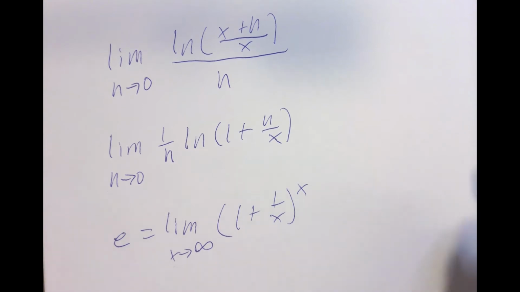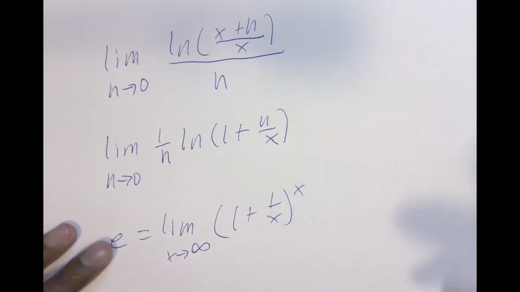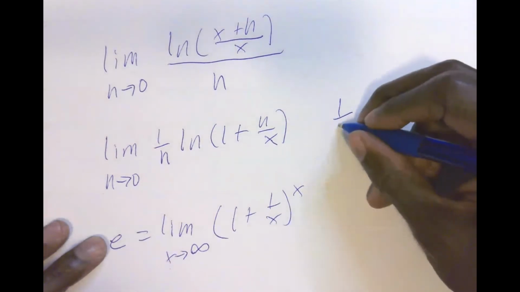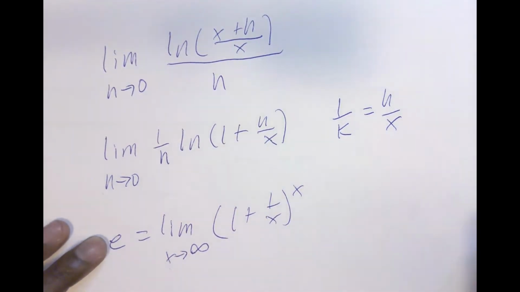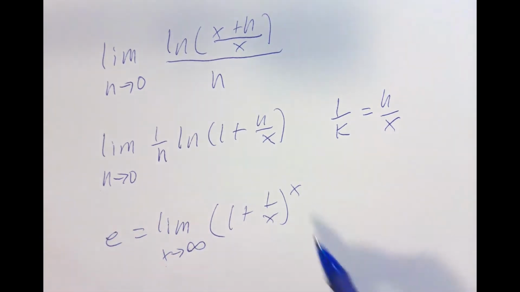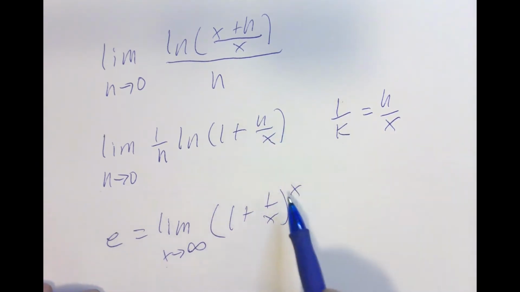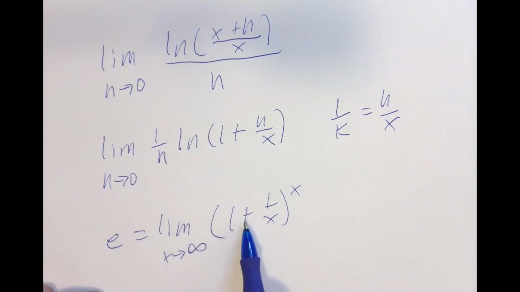So I'm going to do a little substitution. I'm going to introduce a new variable k, and I'm going to let 1 over k equal h over x. And again, I already let you know what I'm trying to accomplish. If I make this h over x equal 1 over k, then this will be 1 plus 1 over k, which is looking a lot like 1 plus 1 over x.